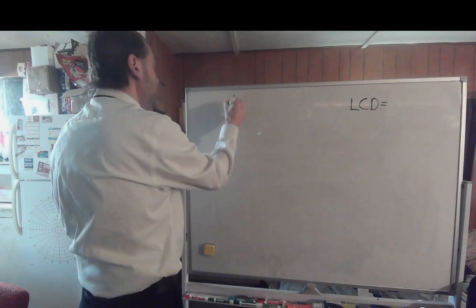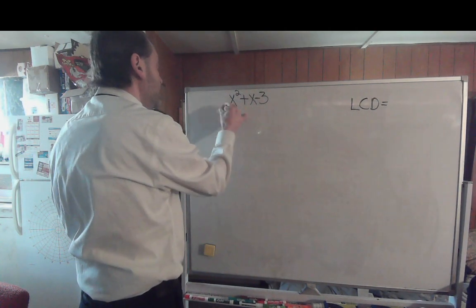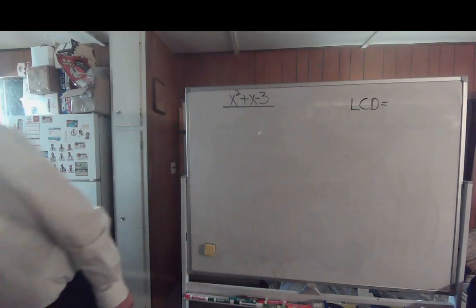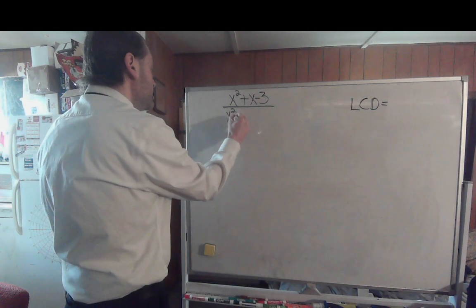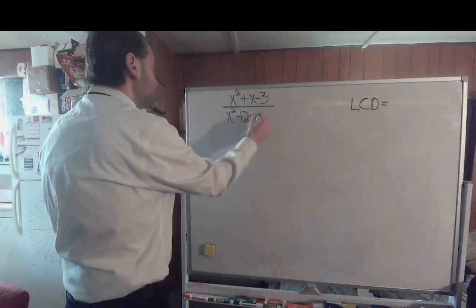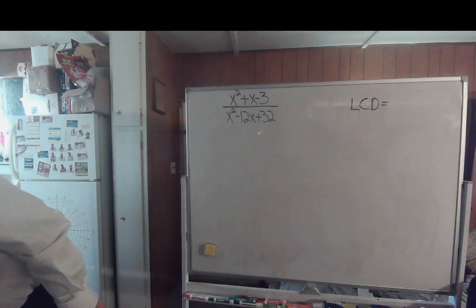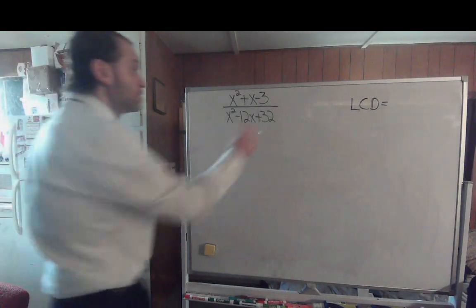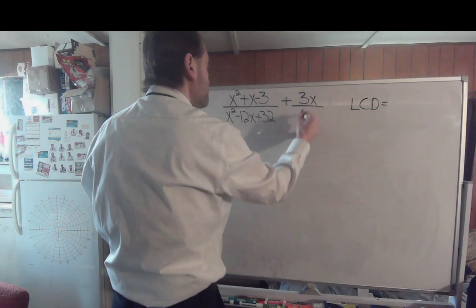Let's see, we have (x squared plus x minus 3) all over (x squared minus 12x plus 32) plus 3x all over (x minus 8).